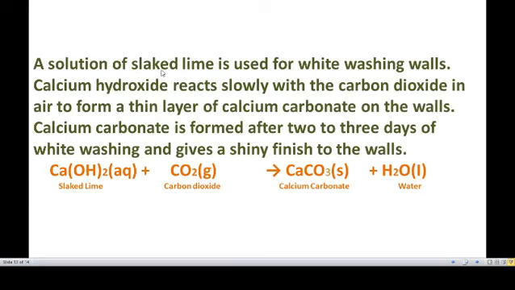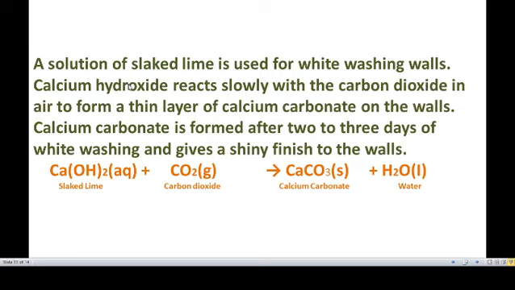A solution of slaked lime is used for whitewashing walls in our homes. Calcium hydroxide reacts slowly with carbon dioxide.